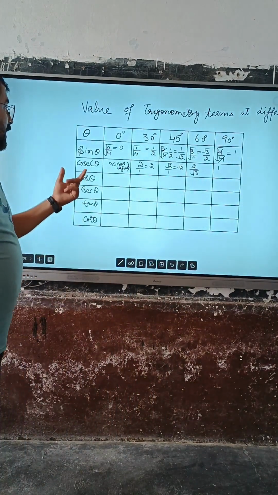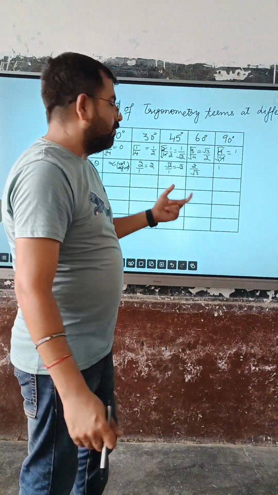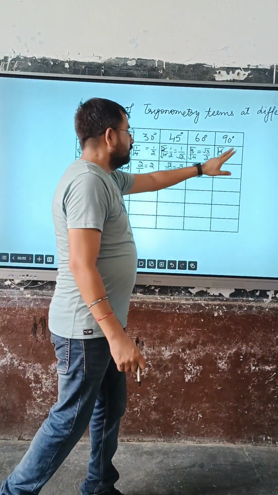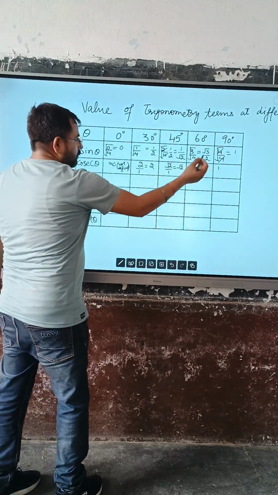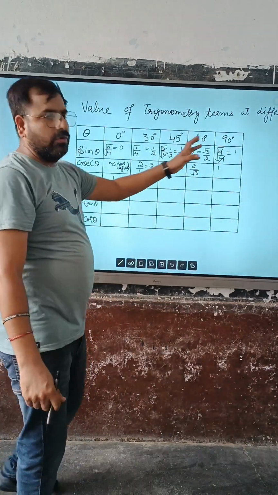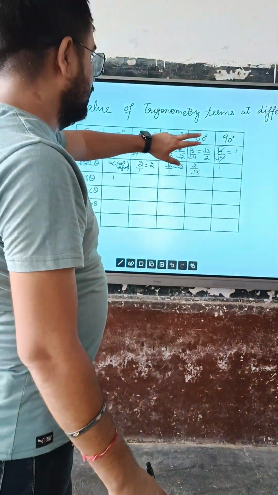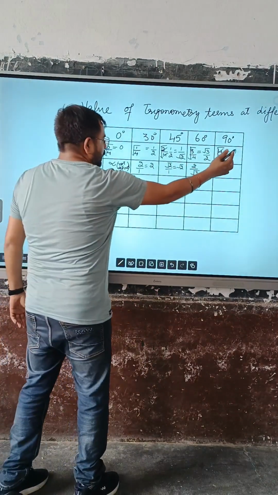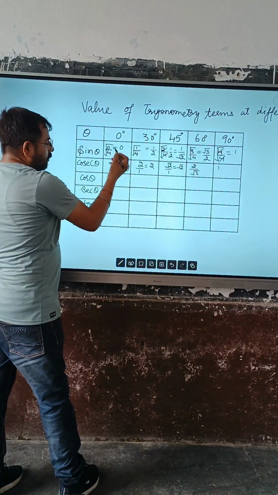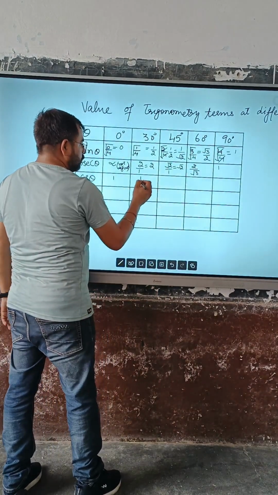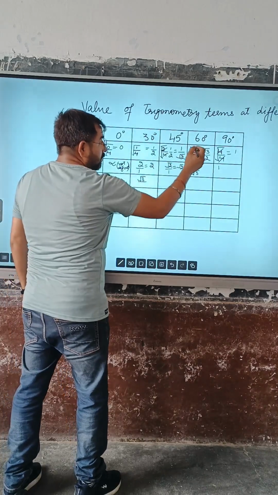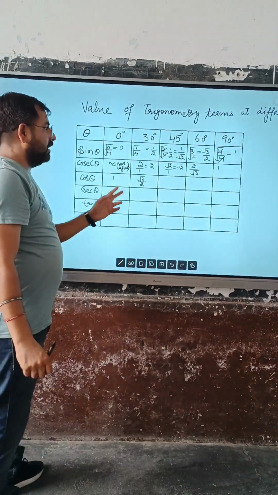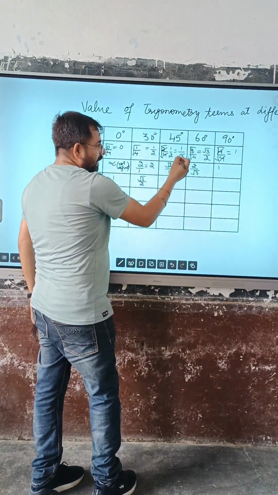Now after writing the values of the cosecant, we are going to write the values of cos at different angles. So the pattern is: we have to write the values of sine in reverse order for cos of the angles. So cos 0 degree is 1, and cos 30 is under 3 by 2, which is the same as sine 60.